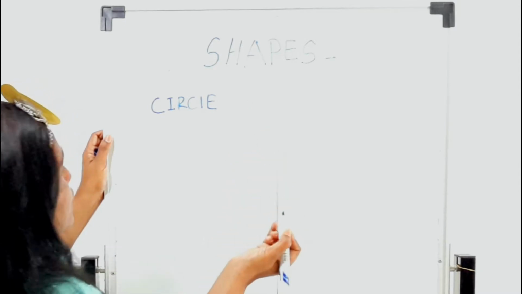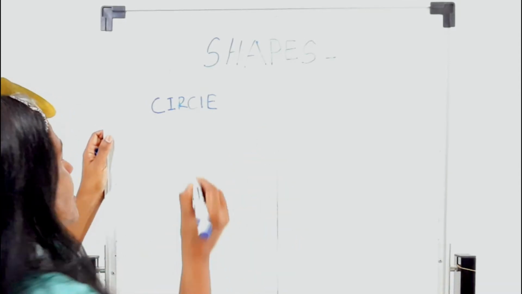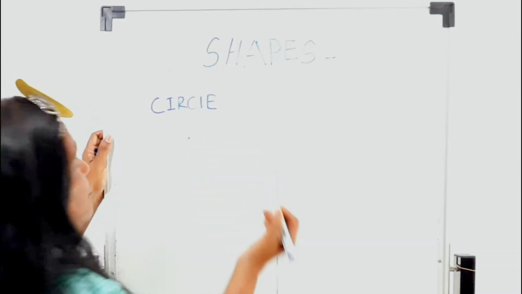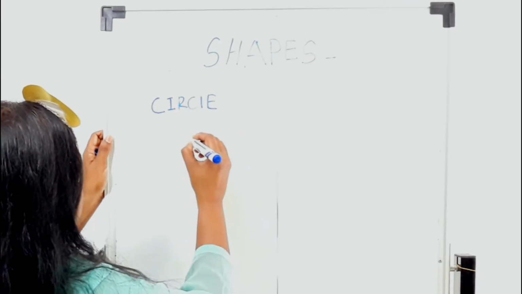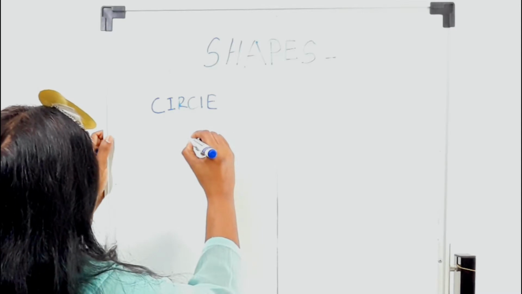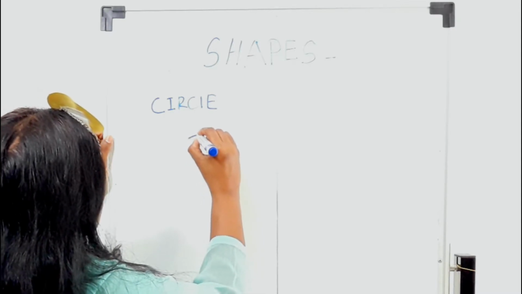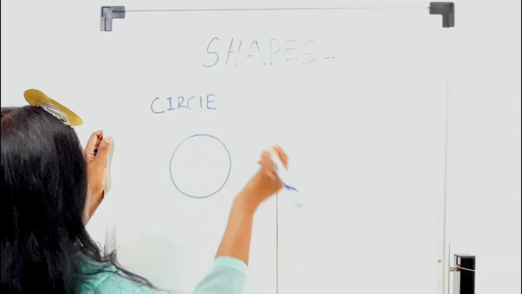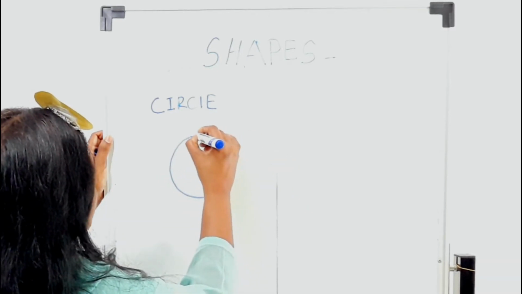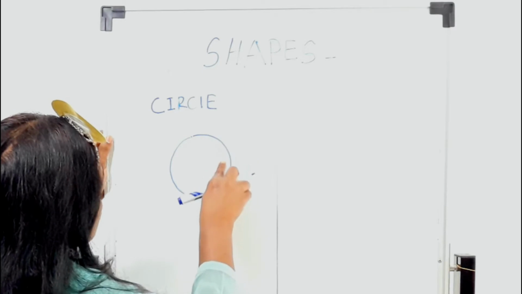Yes. First, when you draw a circle, keep a dot. It is very easy for you. Okay? So, there are two ways to draw circles. First, I will draw a circle this way. See, I start from here and I went this way.